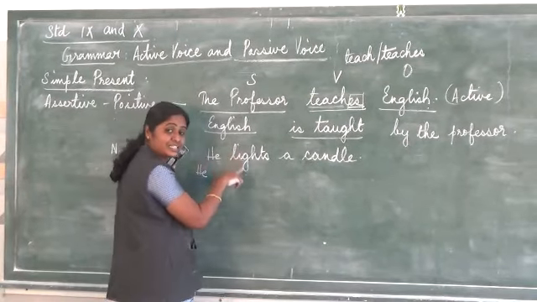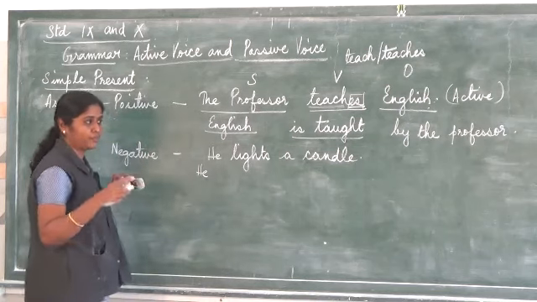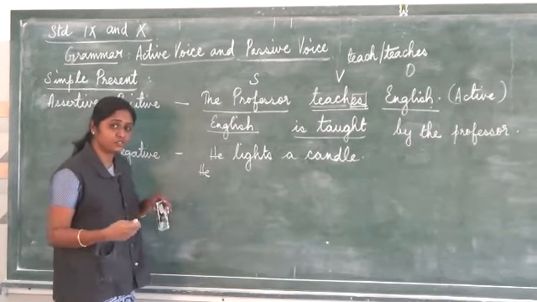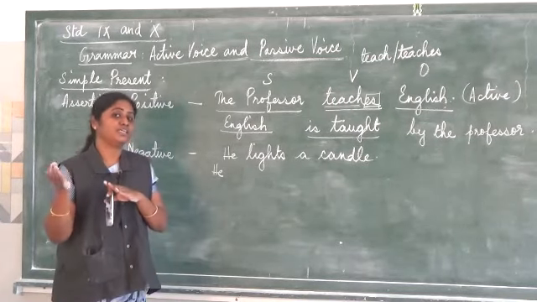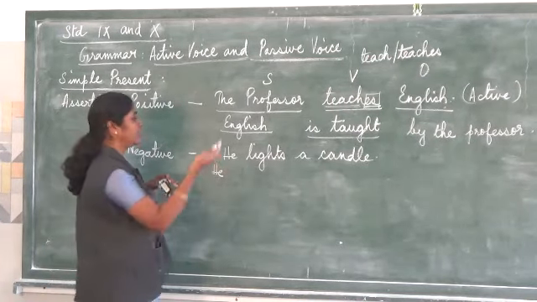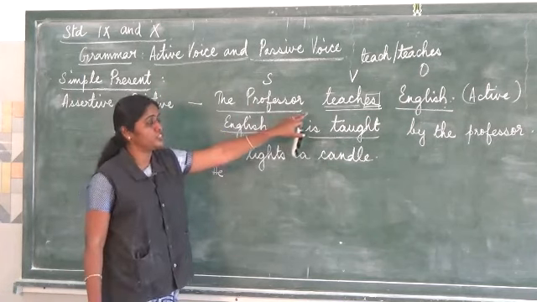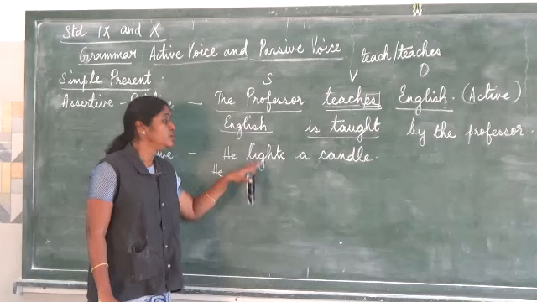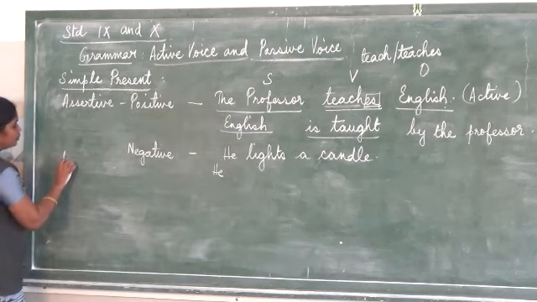Simple present tense usually doesn't have an auxiliary verb. How will you change a positive sentence into a negative sentence? You just add the negative word not next to the auxiliary verb. But simple present tense in active voice doesn't have an auxiliary verb, so we have to use the do verb.